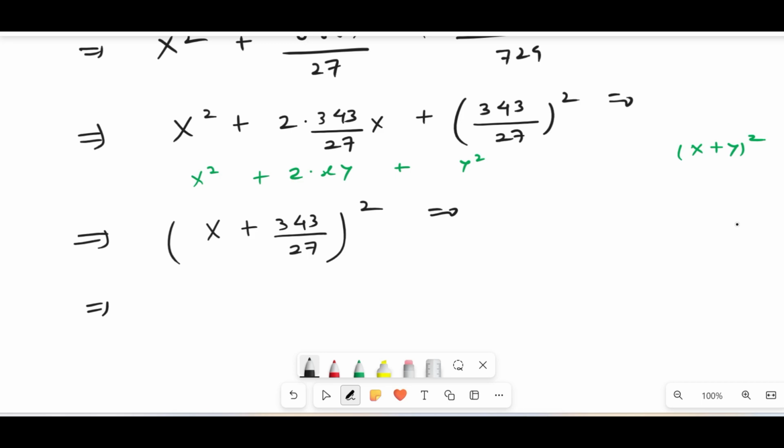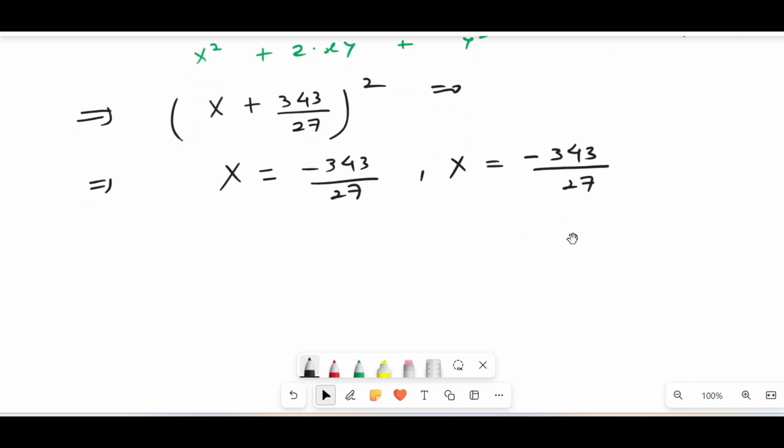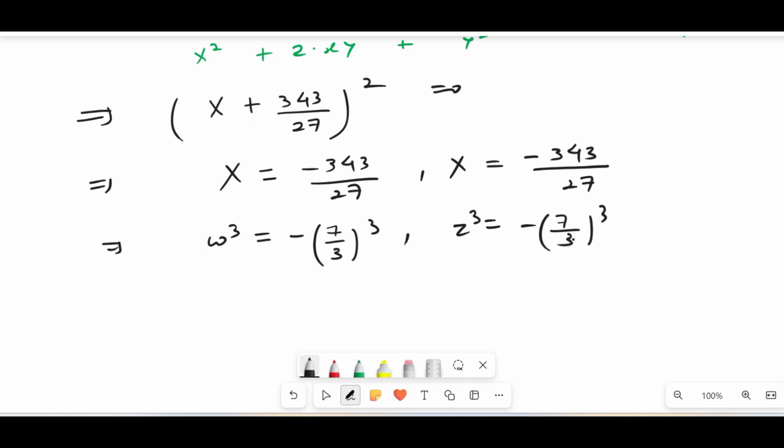So we will get the repeated roots, that is x is equal to negative 343 over 27 and x is equal to negative 343 over 27. So here w to the power 3 is equal to negative 7 over 3 to the whole power 3, and z to the power 3 we can write as negative 7 over 3 whole power 3.